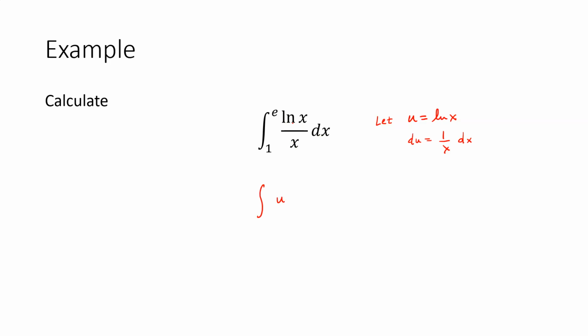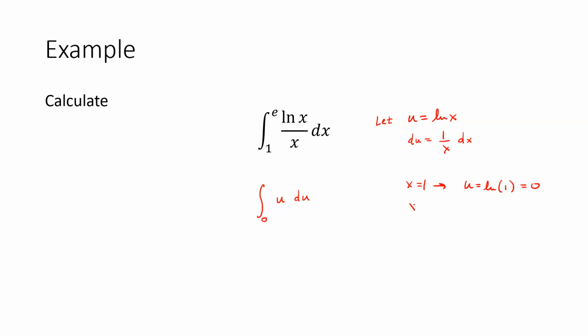So the ln of x here becomes u. 1 over x dx becomes du. And now what I'll also do is change my limits of integration. So when x equals 1, our u becomes ln of 1, which is really just 0. So our bottom limit becomes 0.